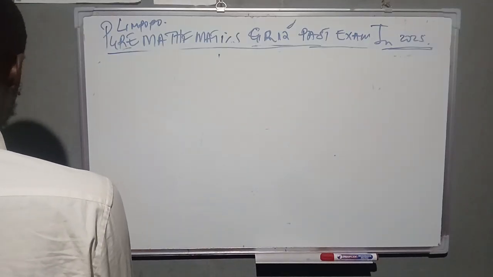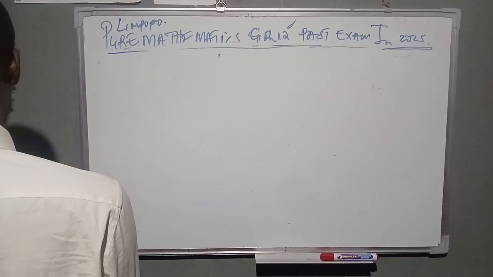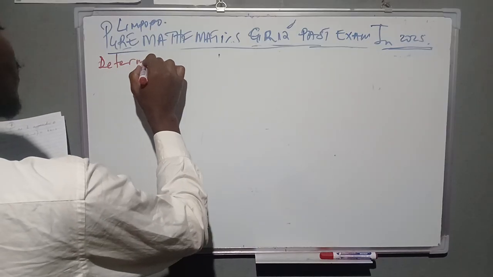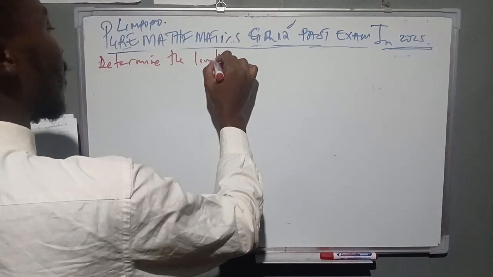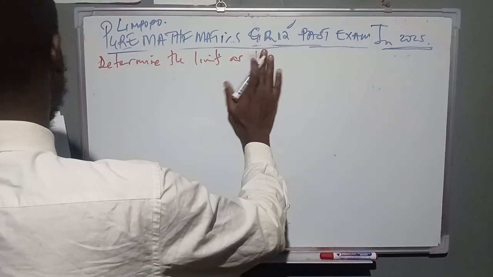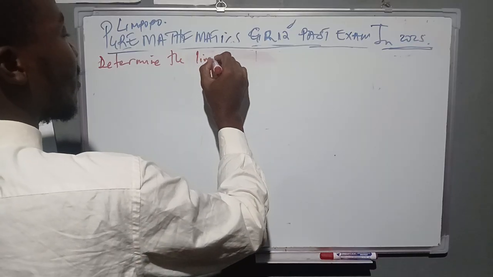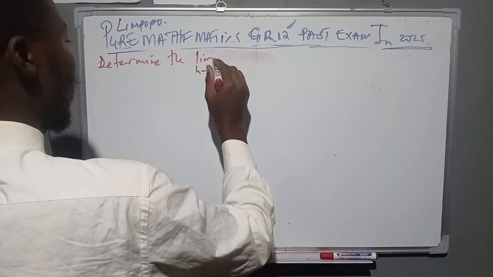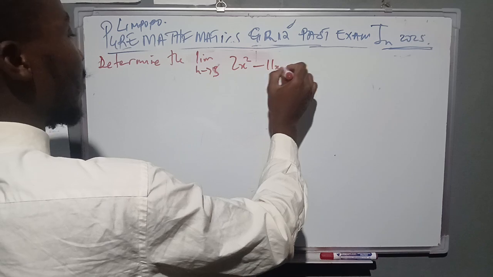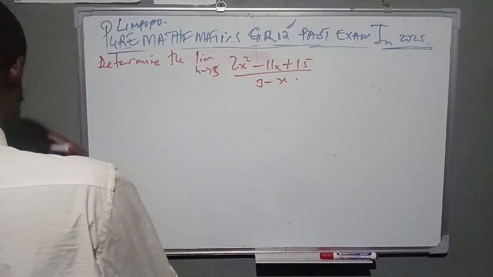So question 6.2.1 was saying determine the limit as x approaches 3, where we are given 2x squared minus 11x plus 15 over 3 minus x.